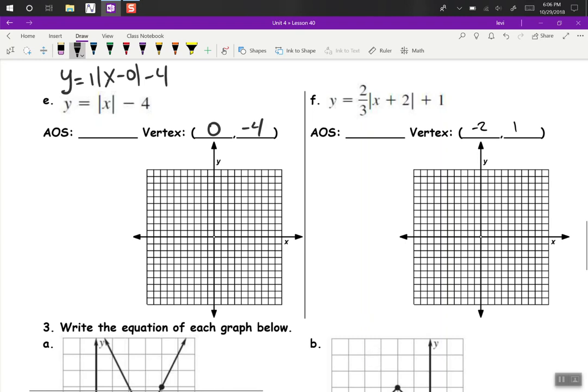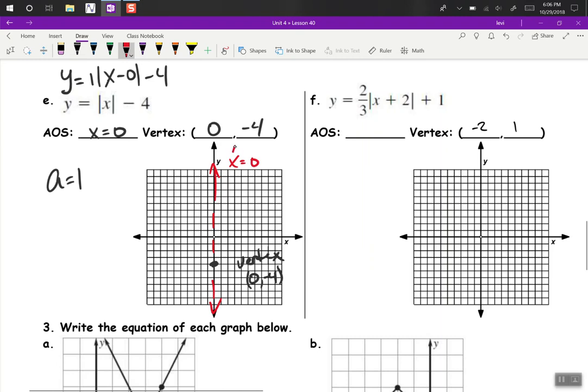There's a 1 out in front, so our A value is 1, and our axis of symmetry goes through the x value of our vertex, so that's x equals 0. So 0, -4, that's on the y-axis, right? So our vertex, 0, -4, axis of symmetry, what's the line that goes through the origin is x equals 0.